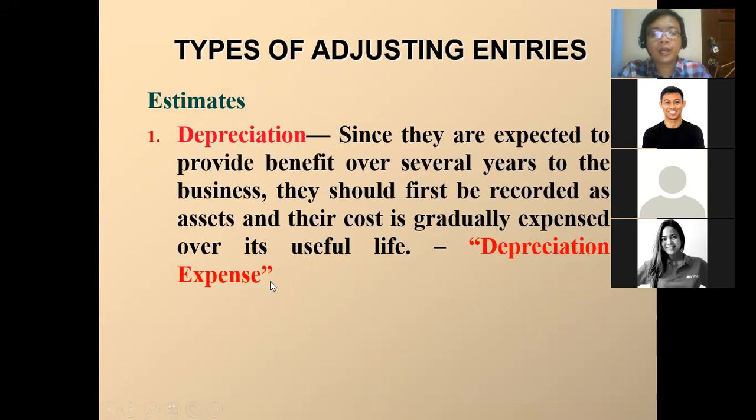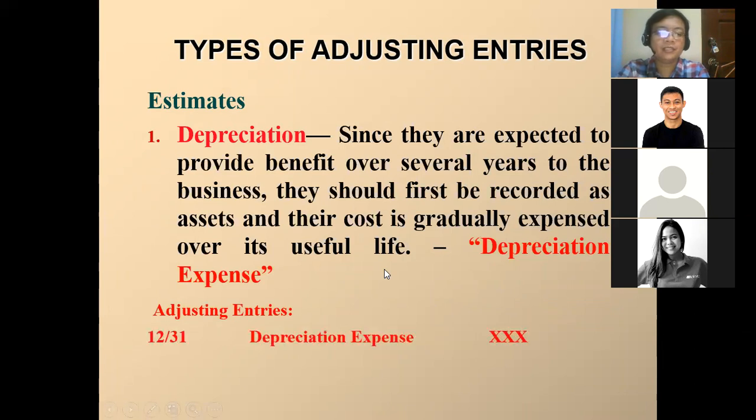Okay? And there are methods. It is also called depreciation expense. So as time goes by, you need to adjust the particular assets and we will charge it as part of your depreciation expense. So what is the entry for this? Debit depreciation expense and credit accumulated depreciation. Sir, what is accumulated depreciation?